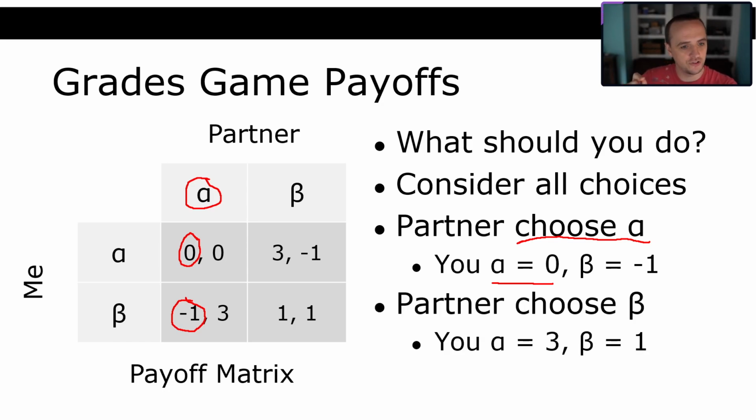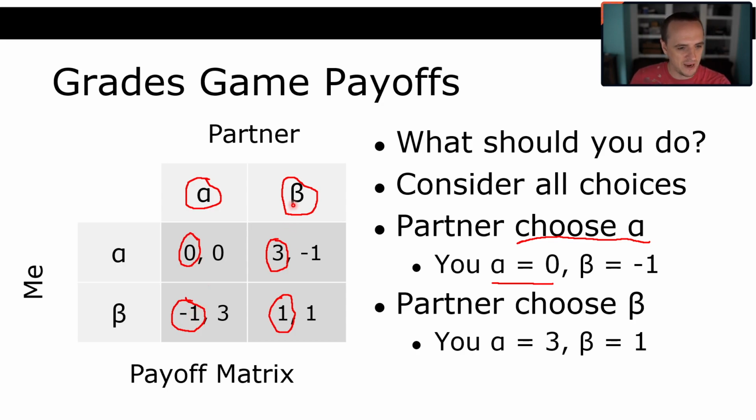If the partner chooses beta, so now we're looking at this column where the partner has chosen beta. Again, look at all of my possible choices. So if I choose alpha, I get 3. And if I choose beta, I get 1. So that means that if they choose alpha, then my choice of alpha gets a bigger result than my choice of beta.